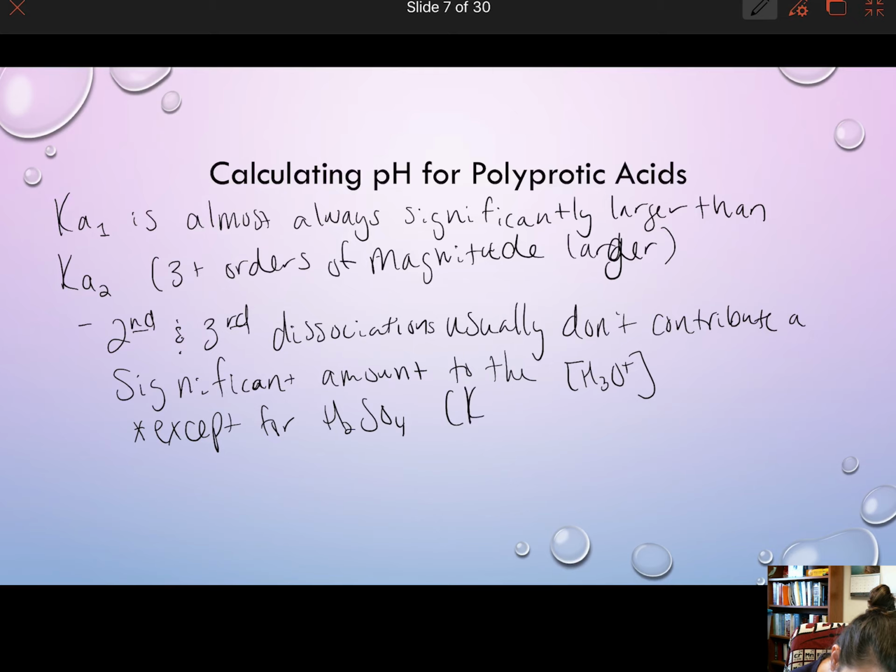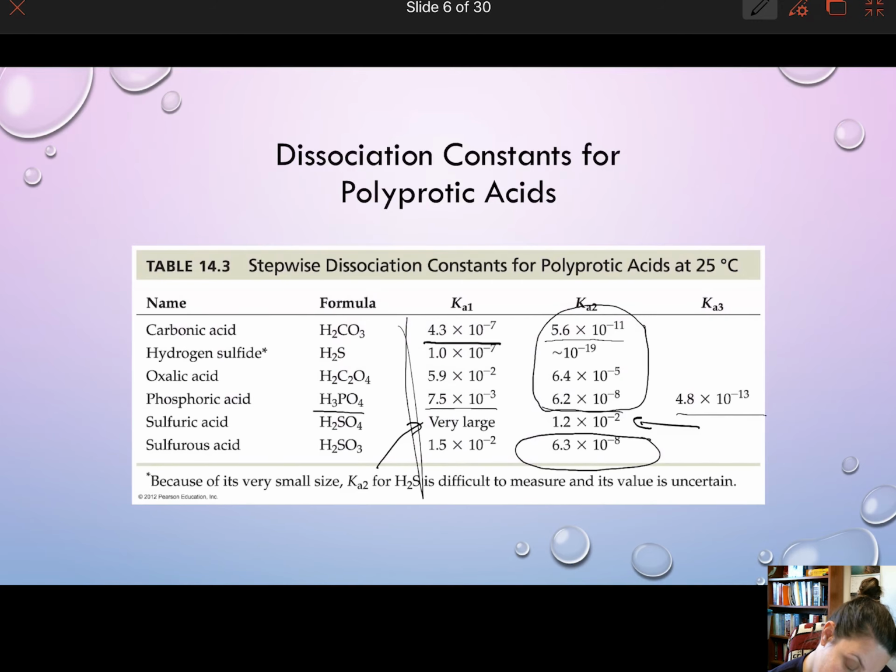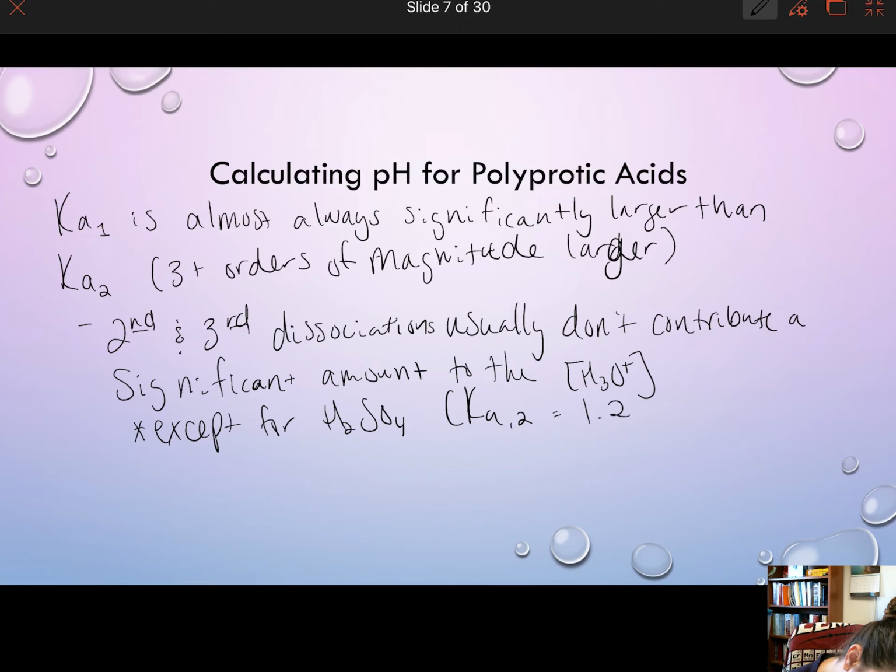Our Ka2 in this case is, what was it, 1.2 times 10 to the negative 2. That's a fairly large Ka value, so we would look at that one. And the only time we actually include the hydronium concentration from the second or third dissociation is if the Kas are similar within 2 orders of magnitude.